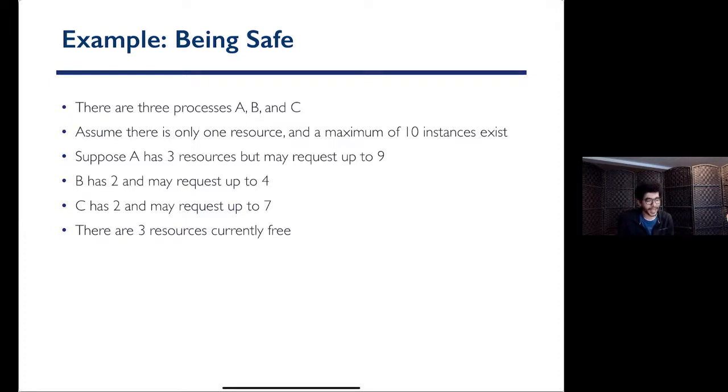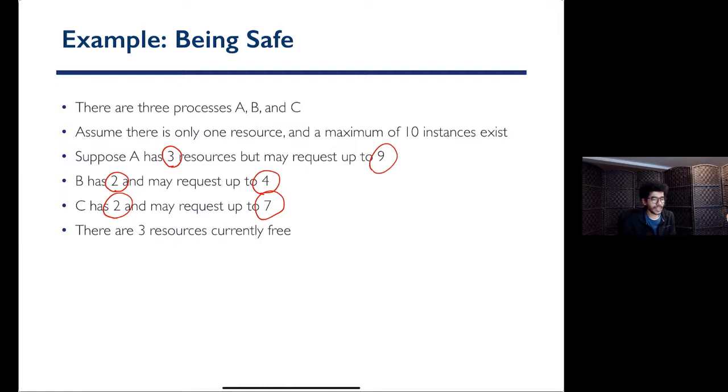Let's suppose that A already has 3, but the maximum request could be 9. So this is current allocation. This is the maximum A might need. B has already 2. It could ask up to 4. C has 2, and it could ask for up to 7.